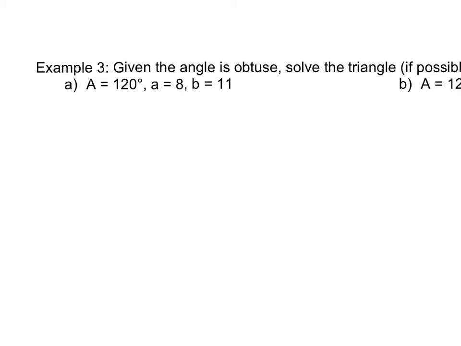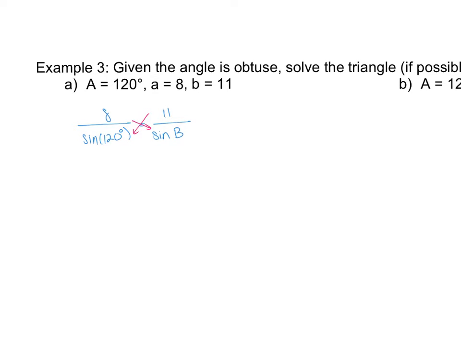For this first one, I have the angle and its side, and I have another length, so I have to complete the triangle. I always start by finding the opposite angle that I'm missing but have the side for. Using the law of sines, I put the 8, the A, on top and sine of 120 on the bottom, and set this proportional to B, which is 11 over sine of B. I'm going to try to find sine of B, or B, the angle.